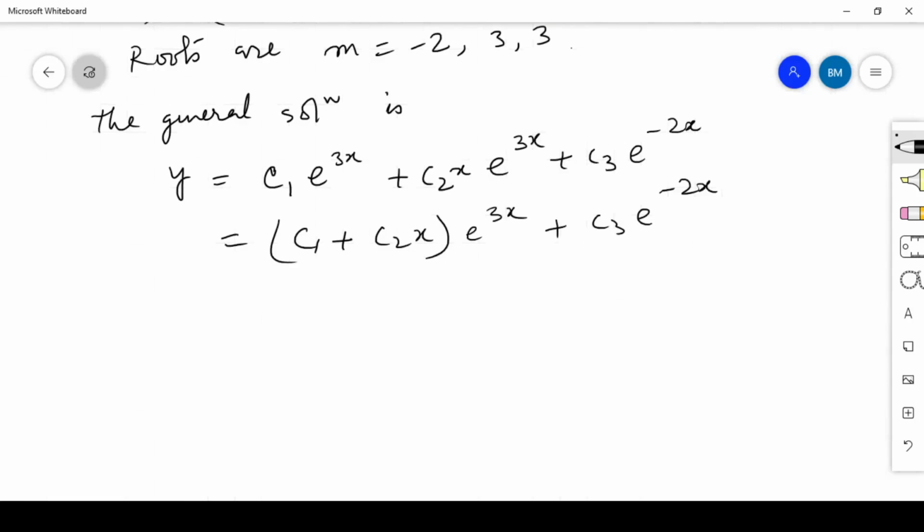Where c1, c2 and c3 are arbitrary constants.